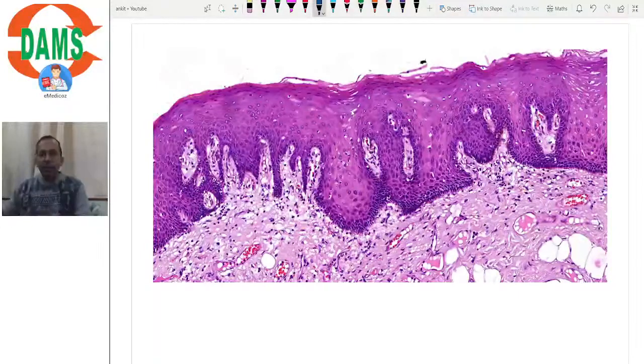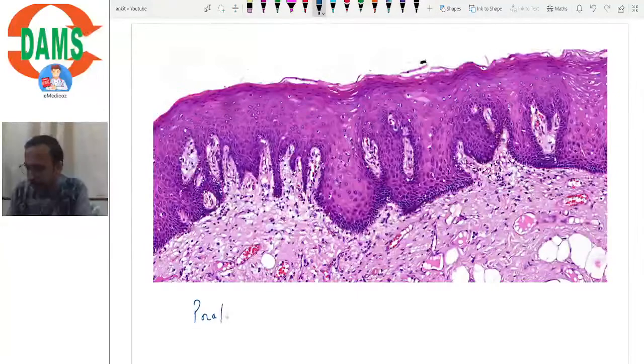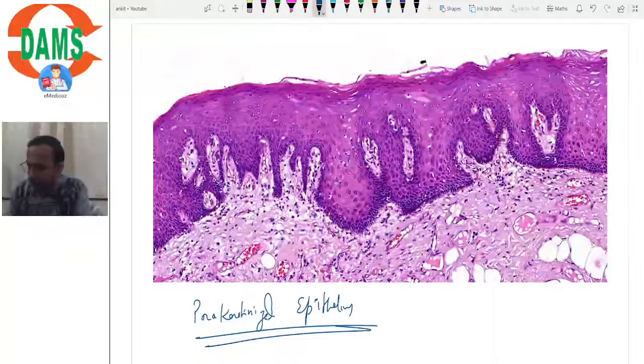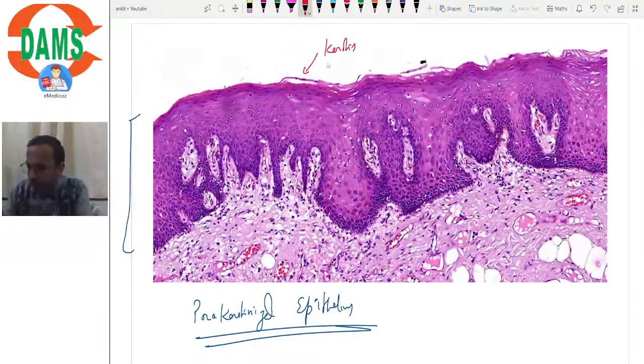So this is a magnified diagram of para-keratinized epithelium. You can notice the keratin filaments, right? You can notice the keratin here, and also the nuclei in this keratin, isn't it?